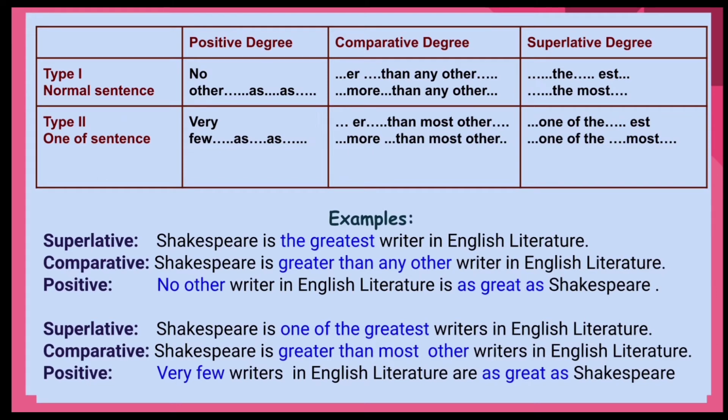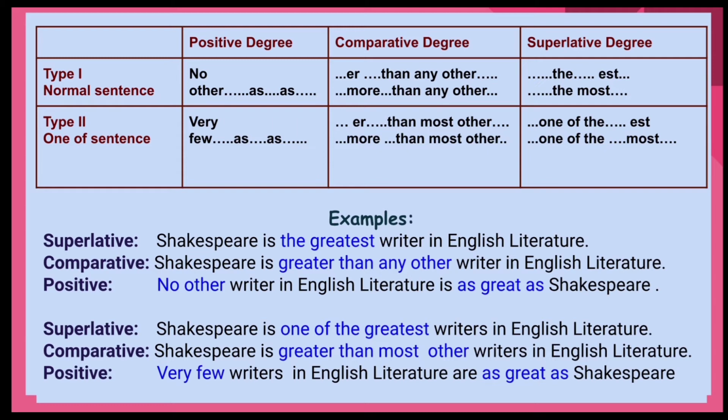We have understood how to identify different degrees. Now we are going to learn transformation of degree sentences. When your sentence is given in the superlative degree, you can transfer it into comparative and positive degree.